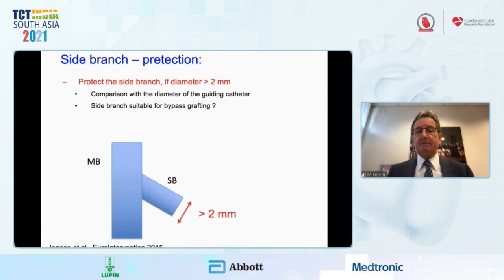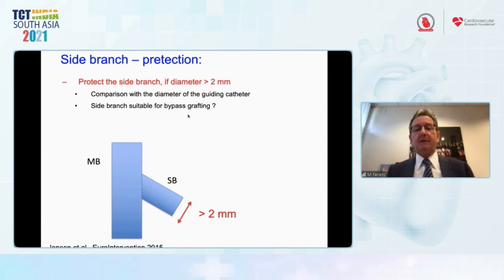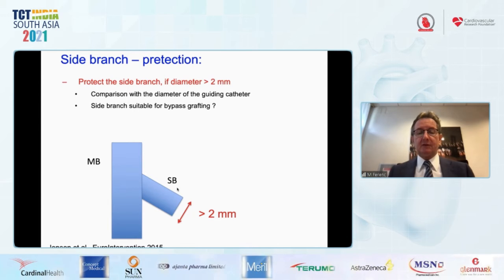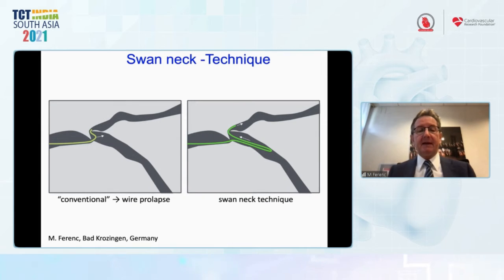When should we protect the side branch? This is an important message to younger doctors. If you have a side branch diameter of more than 2.0 millimeters, or if you believe it could be an option to go with bypass grafting, then you should put a floppy wire as a standard wire just for protection. You should know there are in some cases very difficult side branch approaches with practically retrograde wiring options.